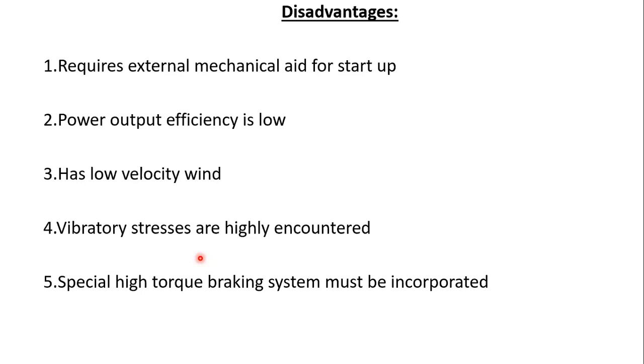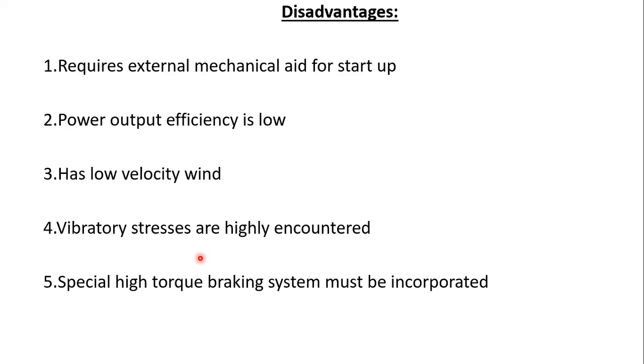Because we are situating them at ground level, there are large variations in local flow conditions. So these create greater vibration stresses. These vibratory stresses will affect the rotor system life.